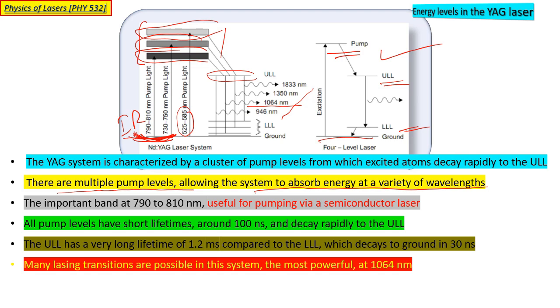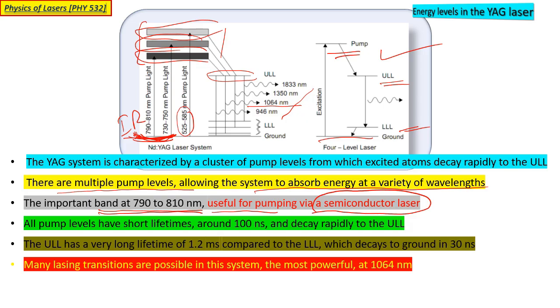The important band is this one, 790 to 810 nanometer, useful for pumping. And the semiconductor laser, as I mentioned, can also be used to pump the YAG laser, whose emission will be in this range.